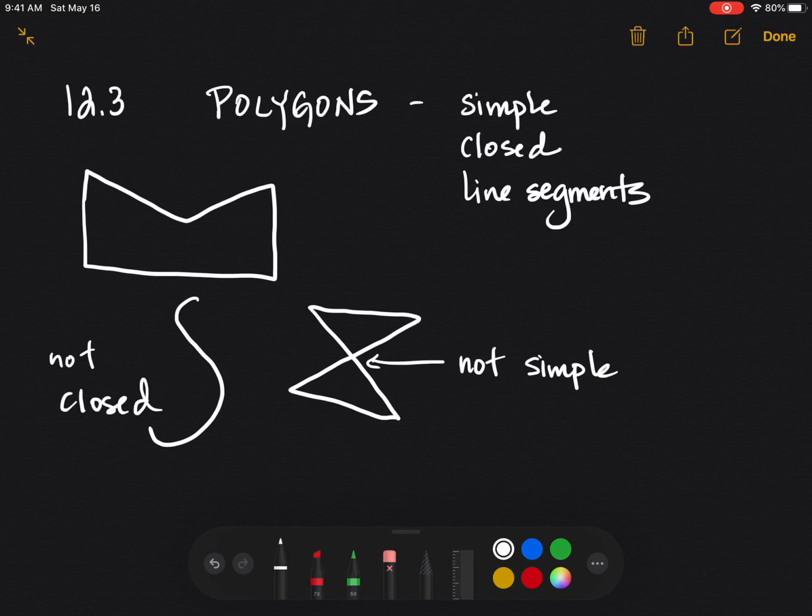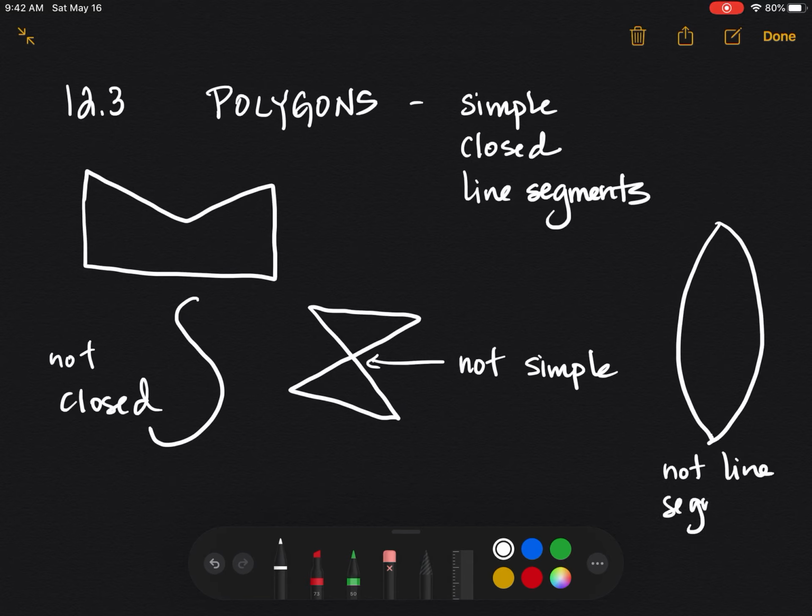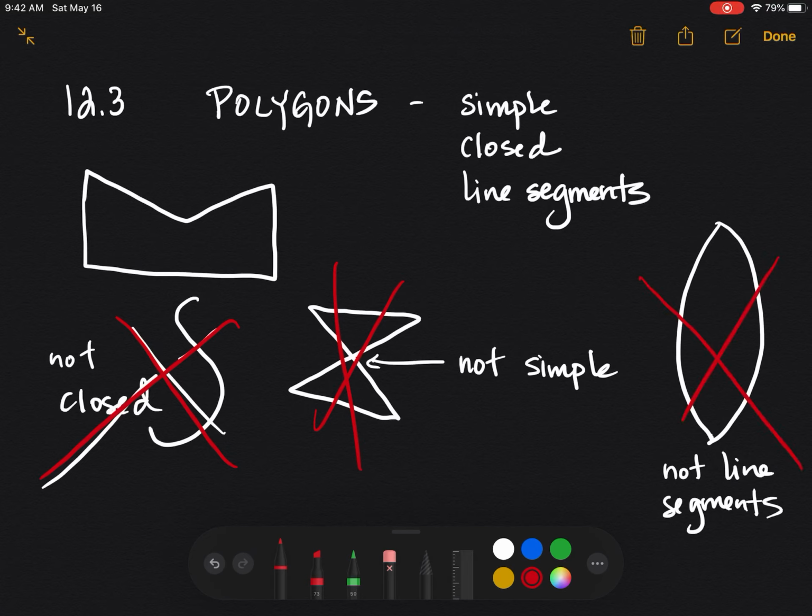And this is simple and closed, but it's not made up of line segments. Okay, so these things are not considered polygons. Not a polygon. I was going to do that in red. Not a polygon, not a polygon, not a polygon. This is a polygon. Okay, anything that looks something like this.